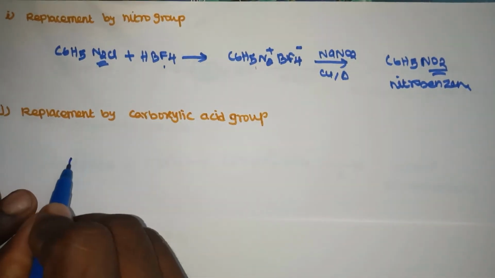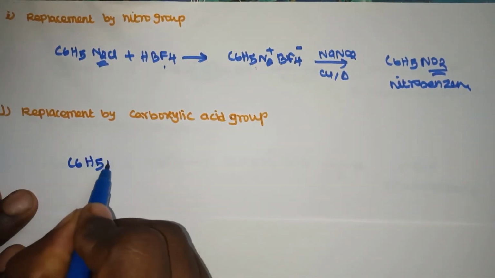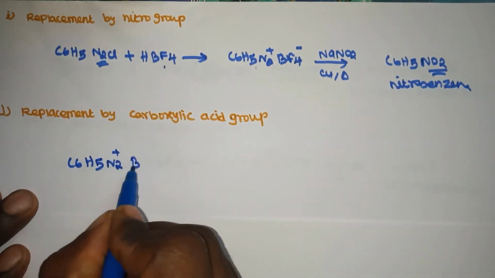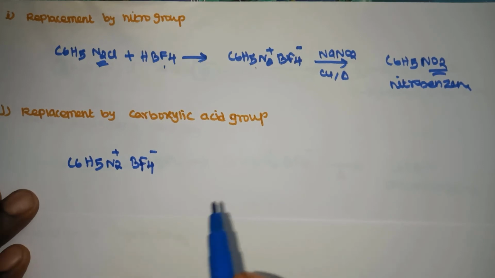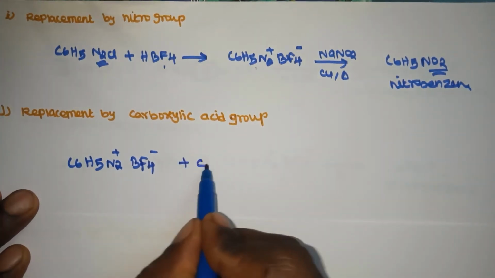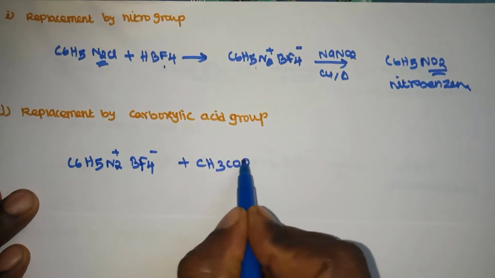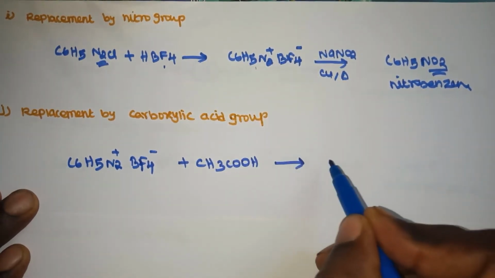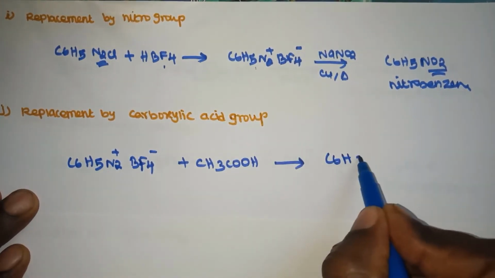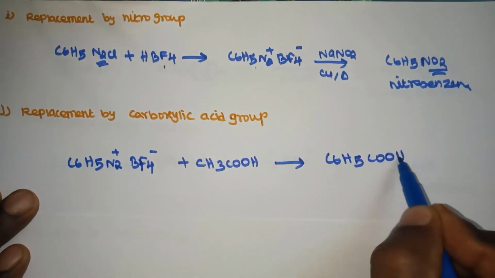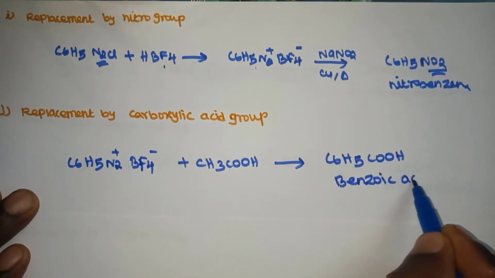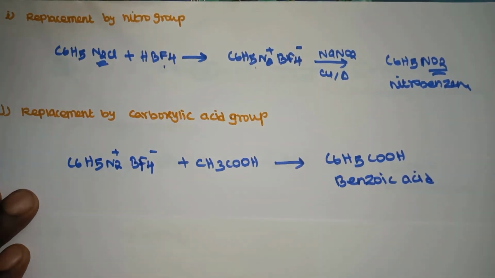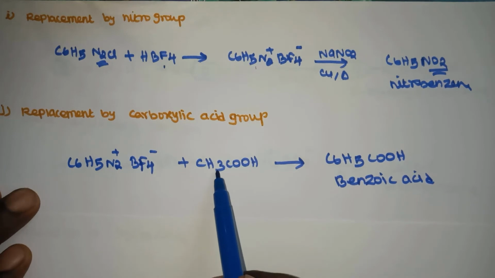Example: C6H5N2 plus BF4 minus, benzene diazonium tetrafluoroborate, reacts with acetic acid, CH3COOH, to form benzoic acid, C6H5COOH. Using this reaction, we convert aliphatic carboxylic acid to aromatic carboxylic acid.